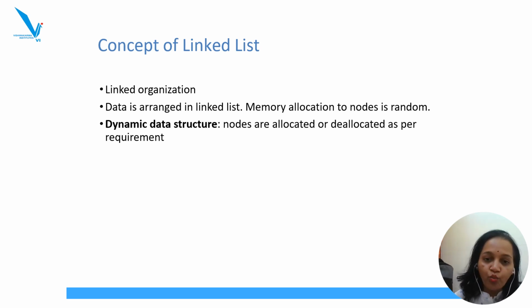Now let us start with the linked list. So if array is clear, we will start with the linked list. What we have seen is that array is a sequential memory linear data structure. It occupies sequential or consecutive memory. And operations on an array, like adding or deleting an element, are quite expensive because a lot of shift operations are involved.